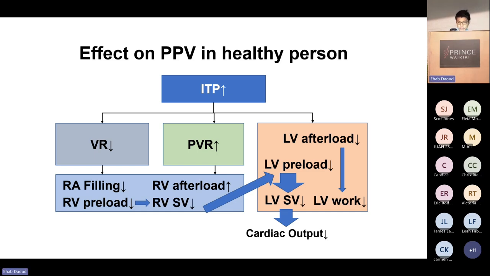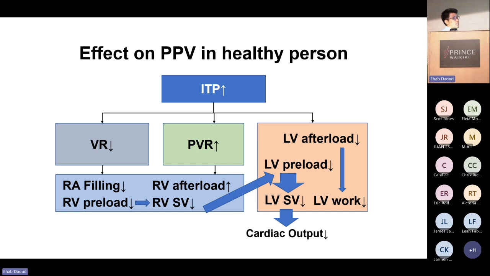All right, so I'm going to wrap up the lecture very soon. Again, in the healthy person, assuming this patient has a healthy lung, elevated intrathoracic pressure is going to cause a drop in the venous return, and also elevation of the PVR, so RV stroke volume drops. LV preload goes down because the RV is not pumping out, so LV stroke volume goes down.